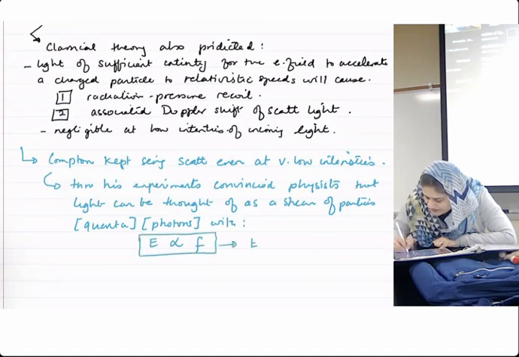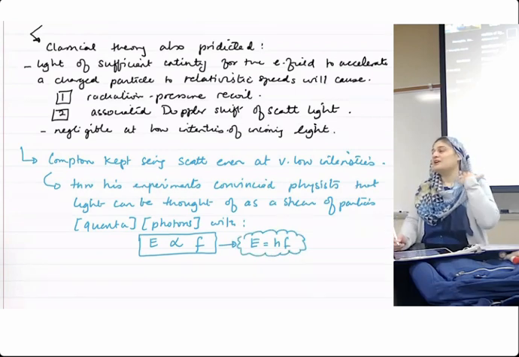And E equals hf, where h is Planck's constant.